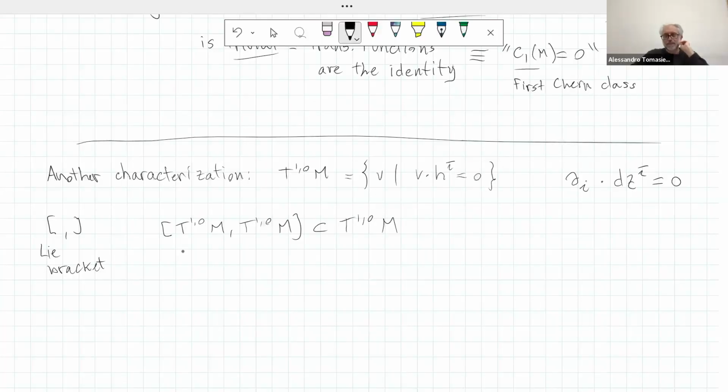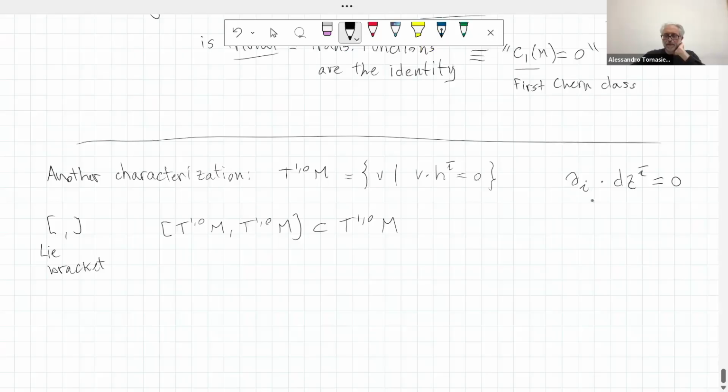If complex coordinates exist, this is easy to see from the formula of the Lie bracket. And what is non-trivial is that this also goes the other way: if this condition is true, then it turns out that you can also find the complex coordinates.